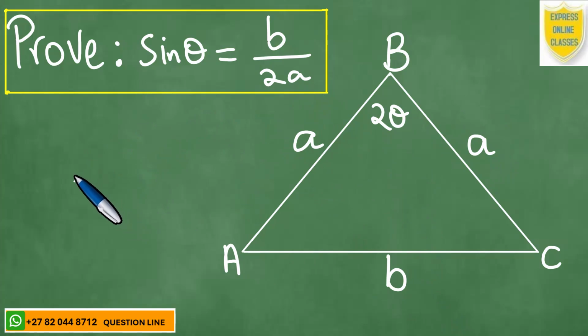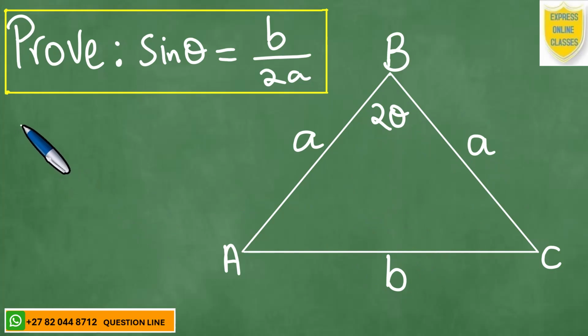And so now to prove this in a step-by-step fashion, obviously there are a couple of ways we can prove this. One of the easiest ways is to use the law of cosines, right?